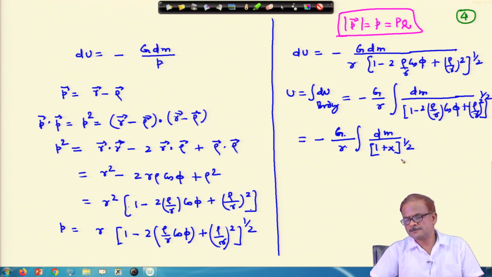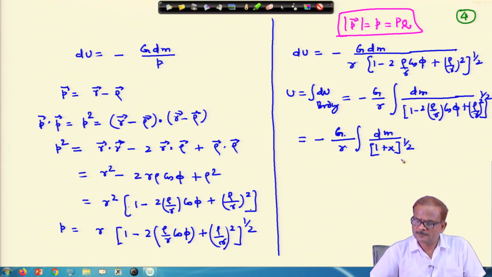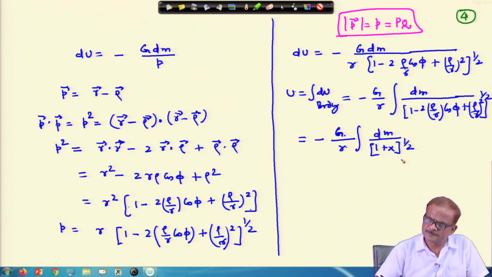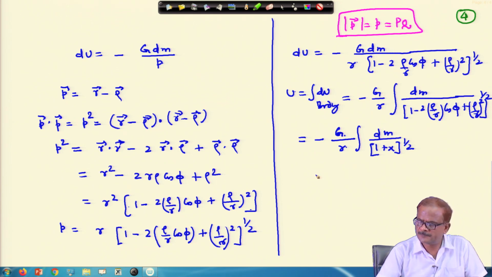We can write it this way, where x has nothing to do with it, or we can use some other notation maybe.